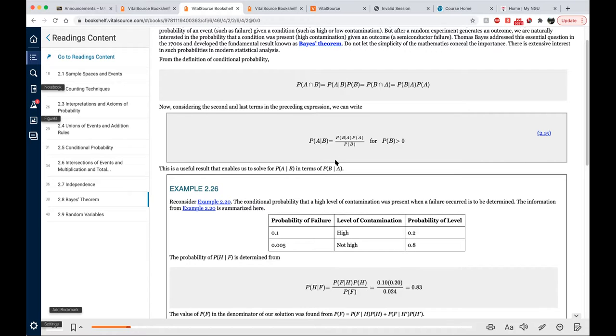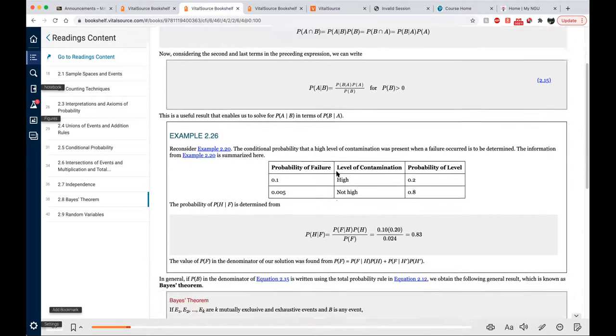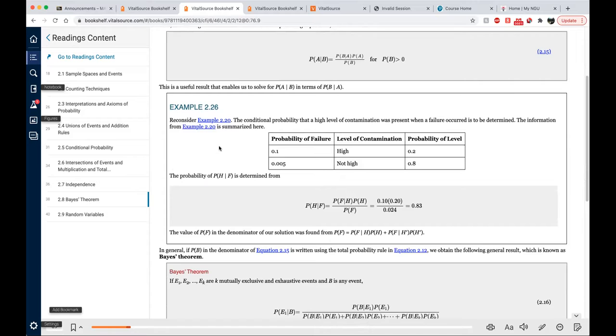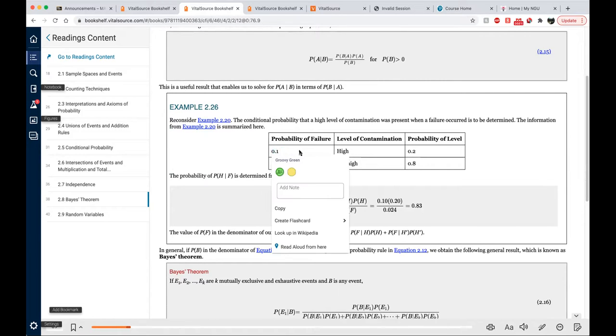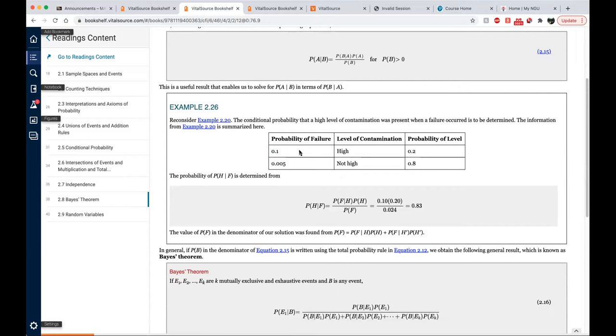So let's take an example, 2.26. This is the table we saw in example 2.20. The probability of failure is 0.1. That doesn't mean P(F); it's the conditional probability given that the level of contamination is high.